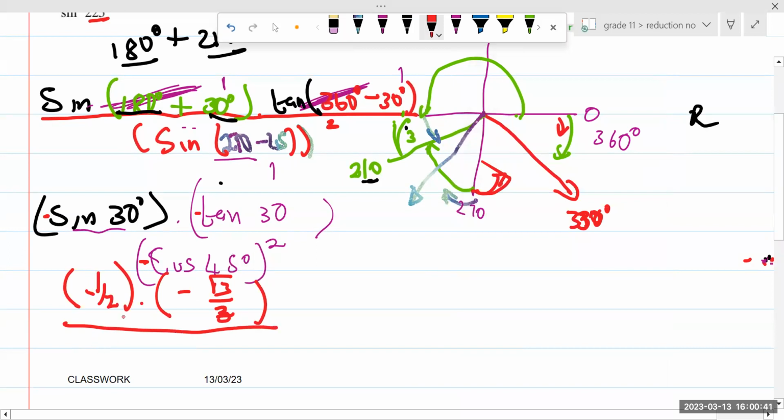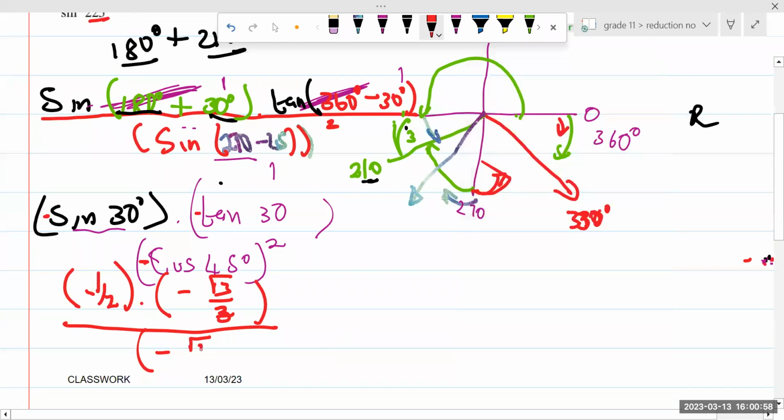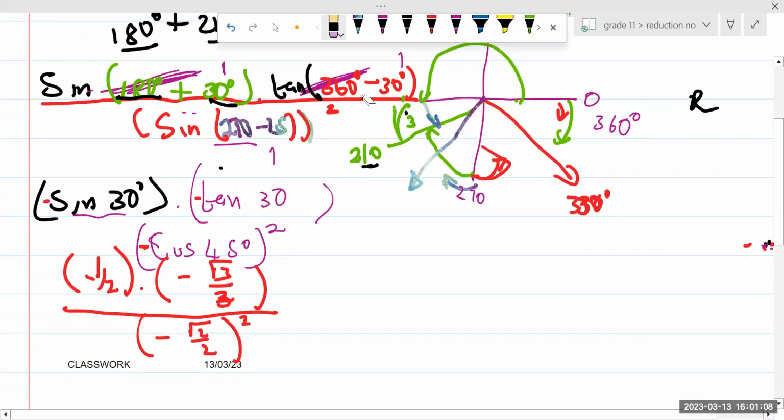And when I type it in my calculator, I don't type it with a positive or negative, because I already know it's negative here. So after that, I'm going to have minus, and then you type 45, the cos of 45 equals √2 all over 2. This should be all squared.